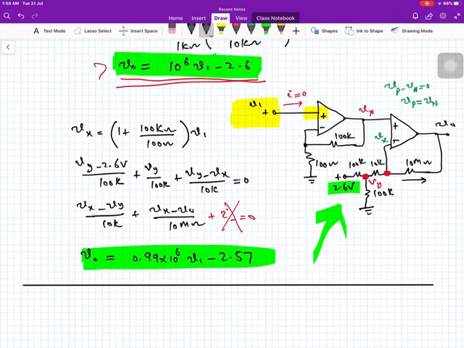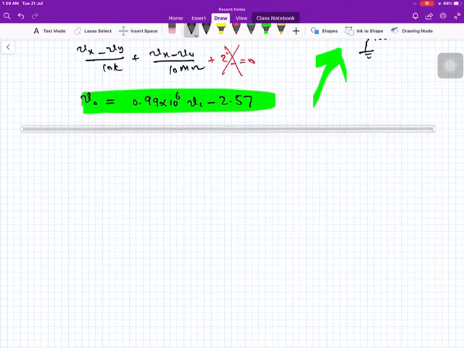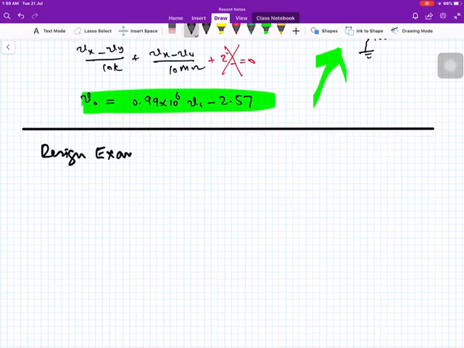Now, there is another example. This is a design example, basically. This is now a design example. We need to design an interface circuit. We have a source circuit of 5 volt and resistance 50 ohm.